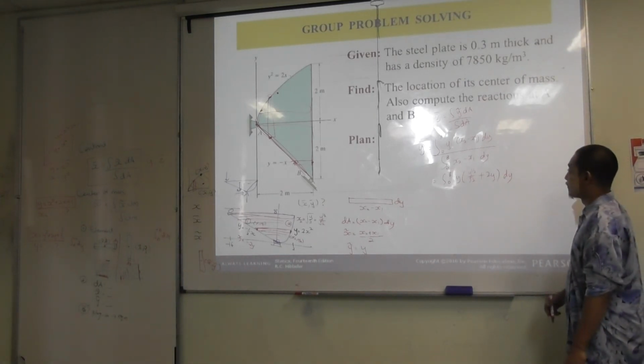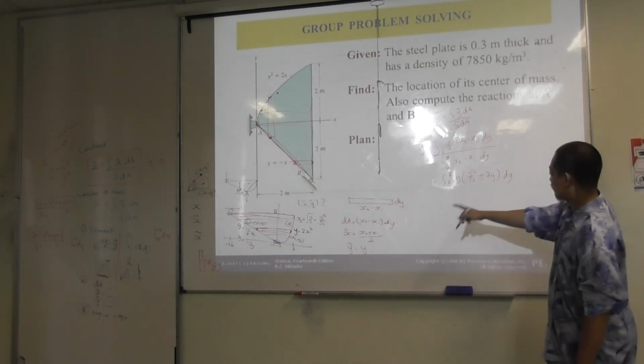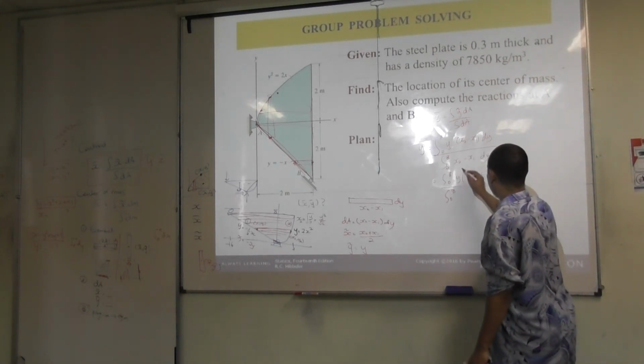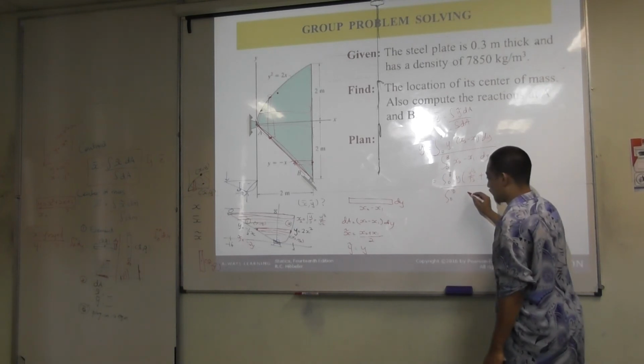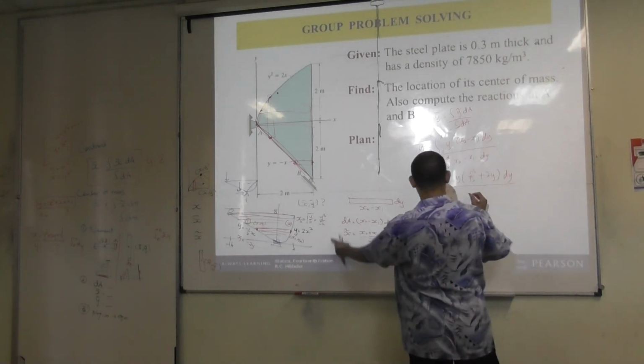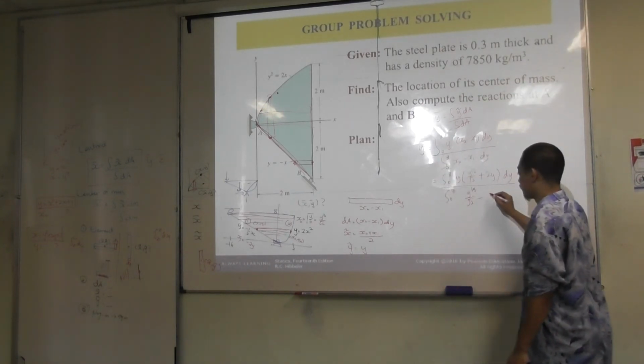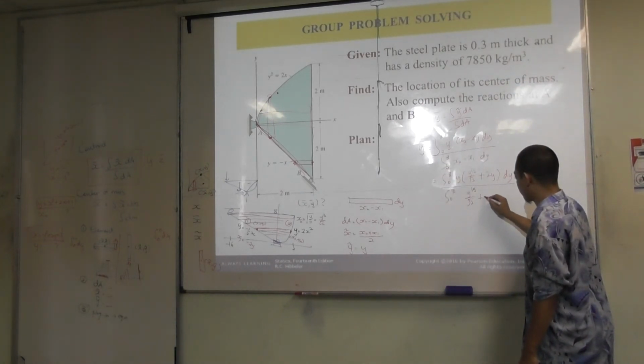Because x1 is minus 2y. From 0 to 8, x2 is y to the power of half over square root of 2, minus becomes plus 2y.